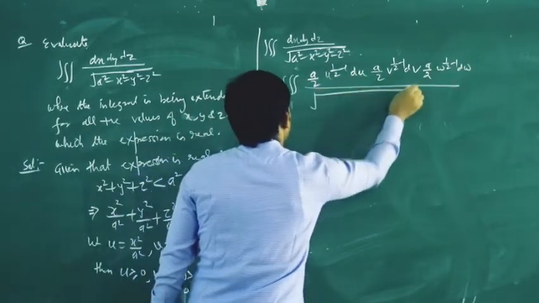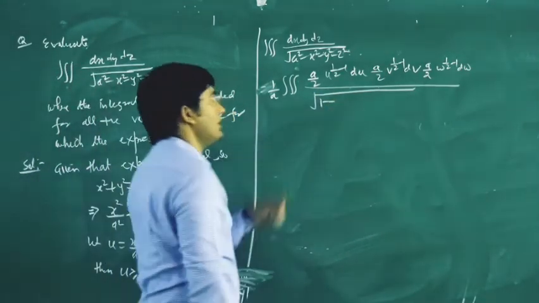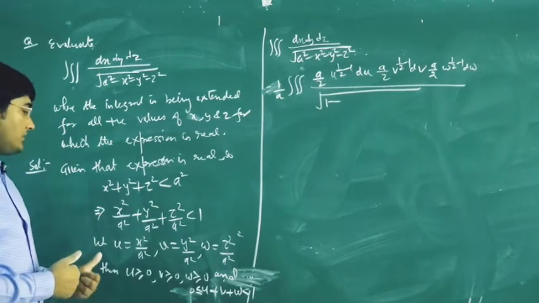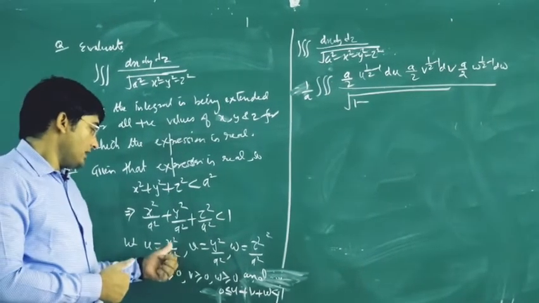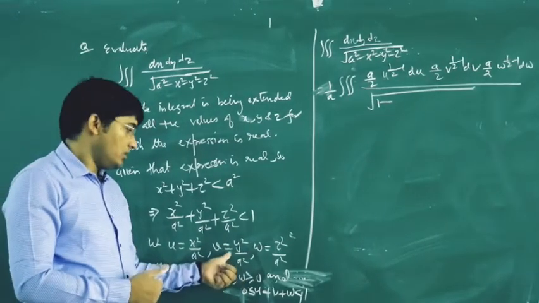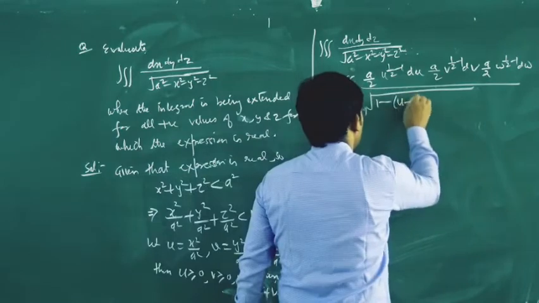now as I have taken a square common, in the bracket we will have 1 minus x square upon a square plus y square upon a square plus z square upon a square, and x square upon a square is u, y square upon a square is v, and z square upon a square is w. So in the bracket we will have u plus v plus w.